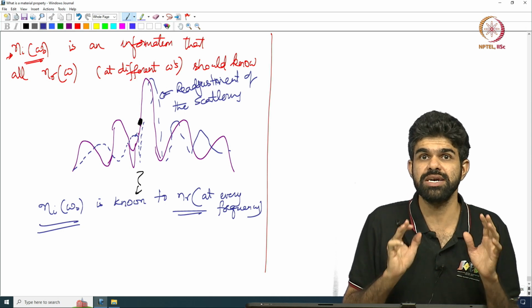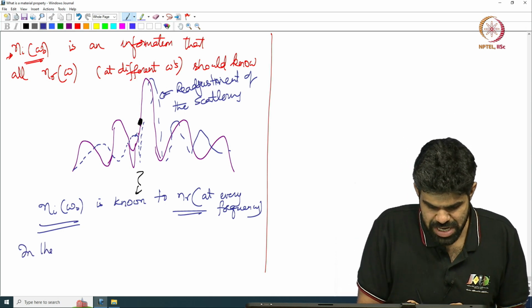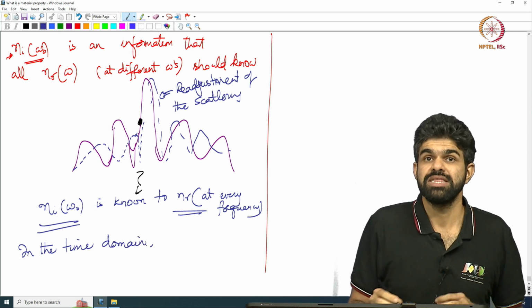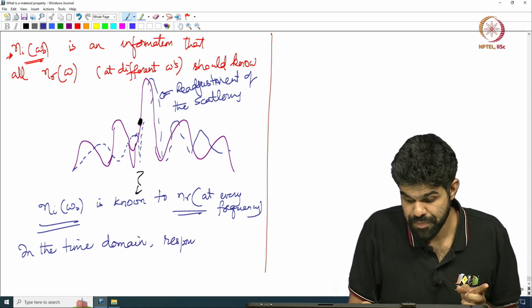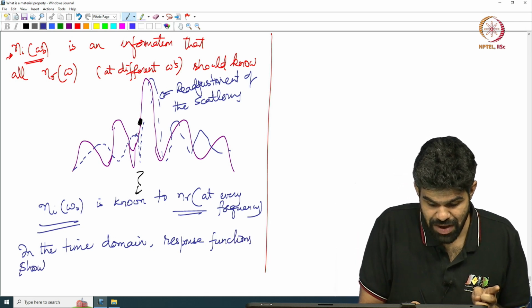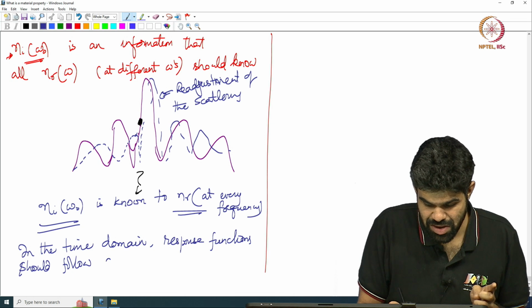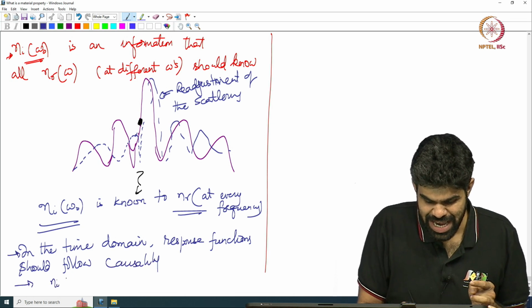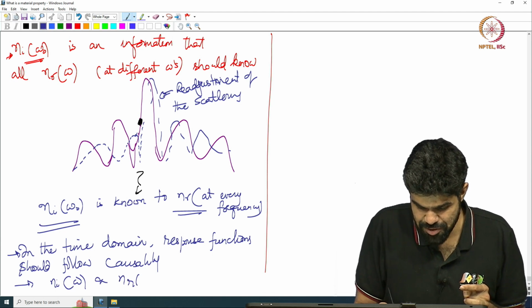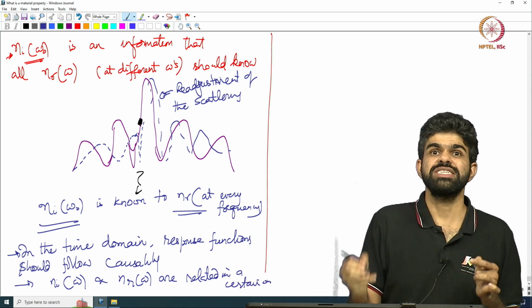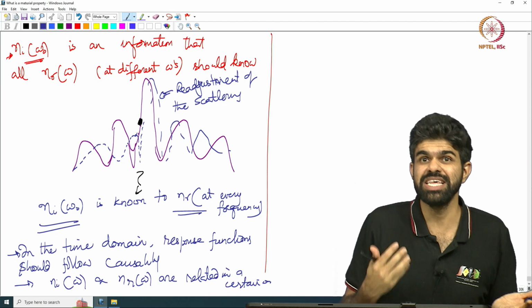So in the time domain, the response functions should follow causality, and that means that Ni of omega and Nr of omega are related in a certain way. So this is the math, so they should be mathematically related.